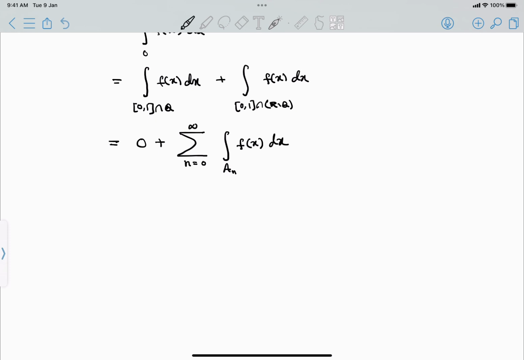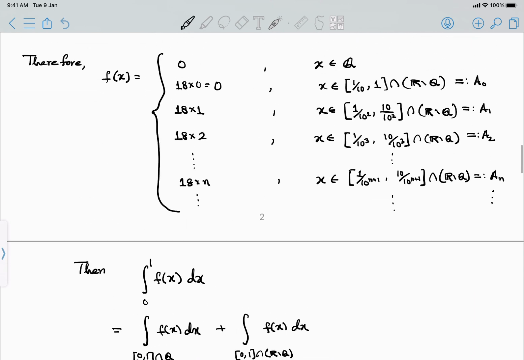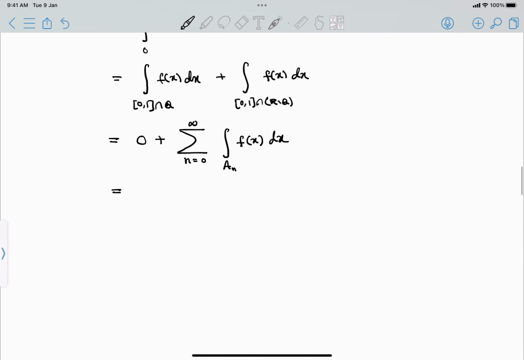Now note that on a0 the function is 0, so this becomes the sum from n equals 1 to infinity of the integral over an of f(x) dx.